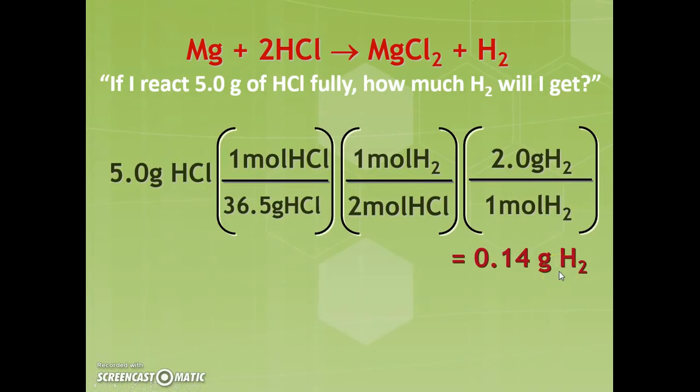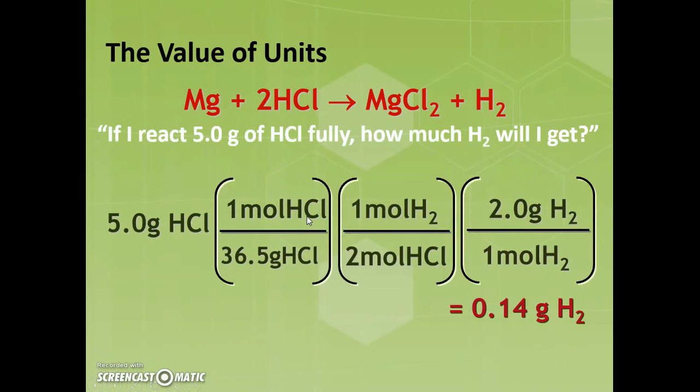Now, where's the benefit to taking this approach? Well, one of the most interesting ones is that we can visually cancel everything that we did. Notice that grams of HCl is over here on the left, and we divide over here. They cancel out. Notice that moles of HCl is on top here and on bottom here.